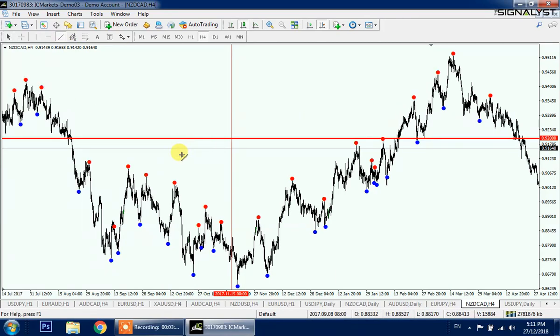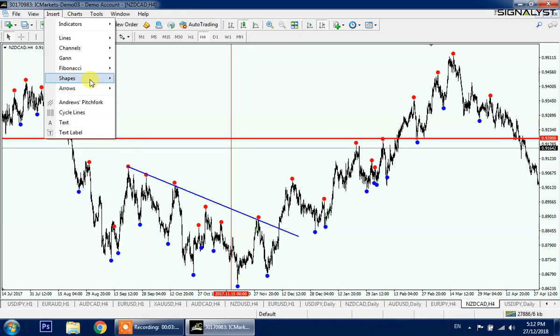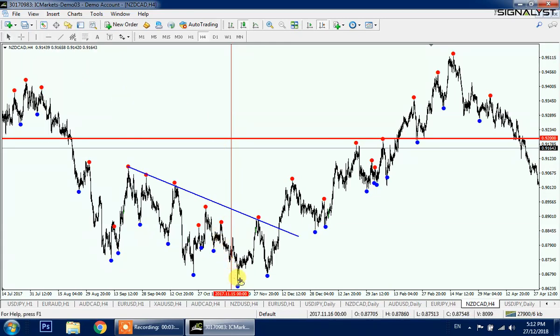We use our 3 touches rule to draw trend lines as well. So here we have 1, 2, 3 touches. Here we have a trend line, an objective trend line. We also have a head and shoulders pattern. Here we go. You have the head, left shoulder, and right shoulder, and its objective neckline, which is also an objective trend line.